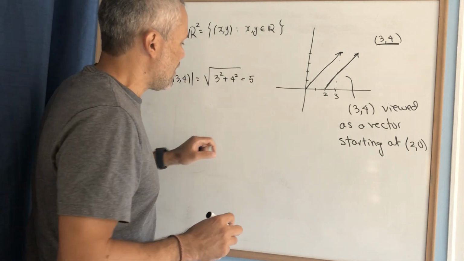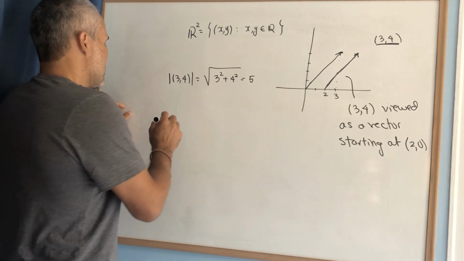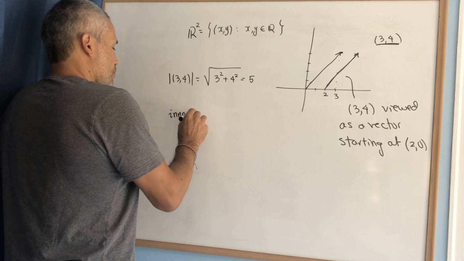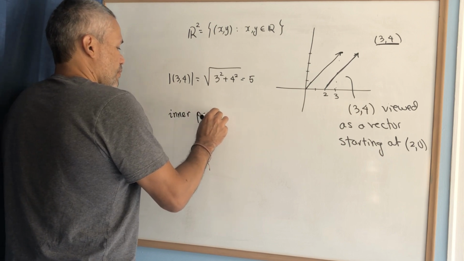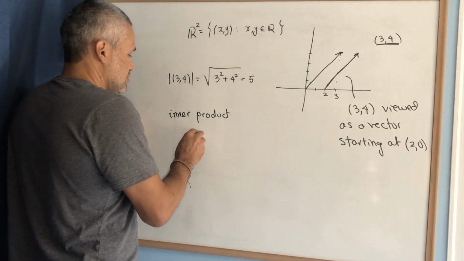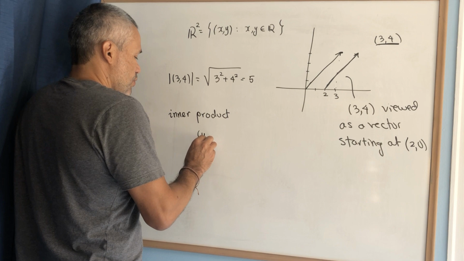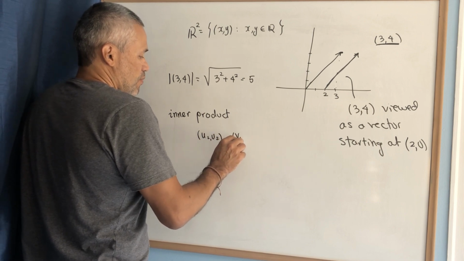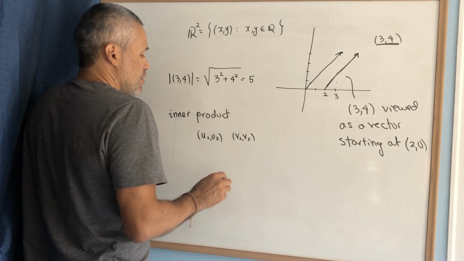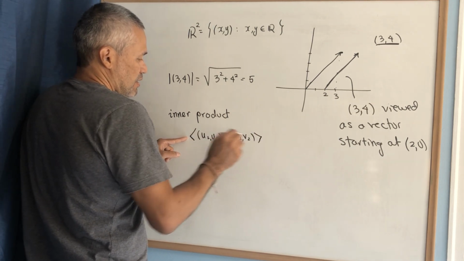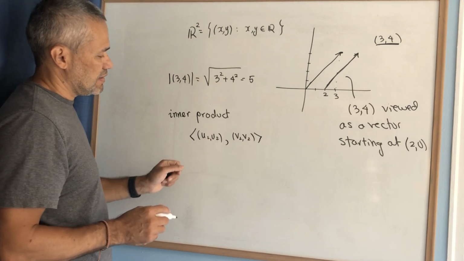For vectors, if we have a pair of vectors, we can define the inner product. The inner product of two vectors, let's say (u1, u2) and (b1, b2), let's denote the inner product with a comma and two brackets like this.